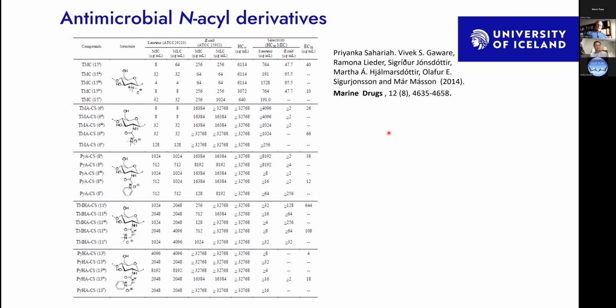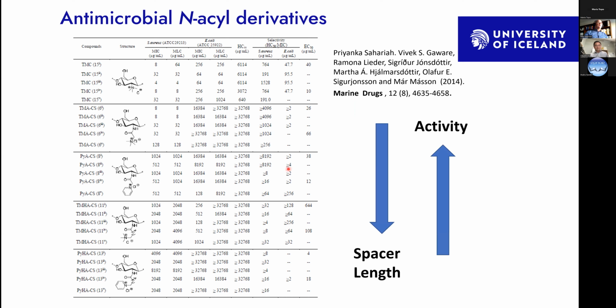And the interesting effect here is that if we increase the spacer length, we get the activity decreasing. So the activity is highest when we have the charge close to the polymer backbone.